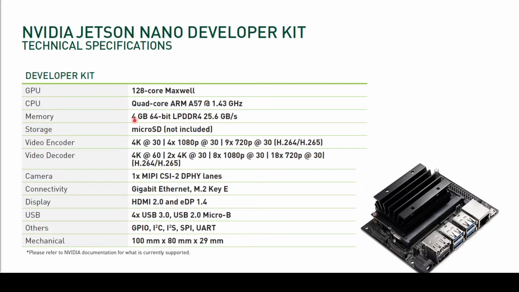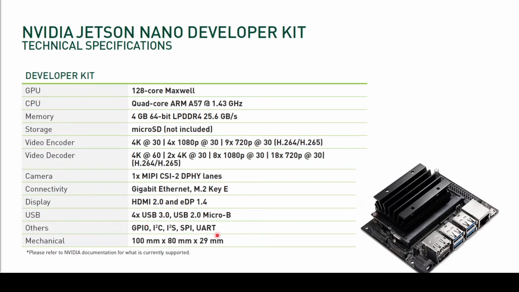They have a camera slot, the MIPI CSI slot, and then have internet, the HDMI display, USB 3.0, USB 3.0, and then a lot of GPIO, I2C, I2S. So this is all the serial communication, and this is GPIO, the general purpose IO that you can use with the pin.